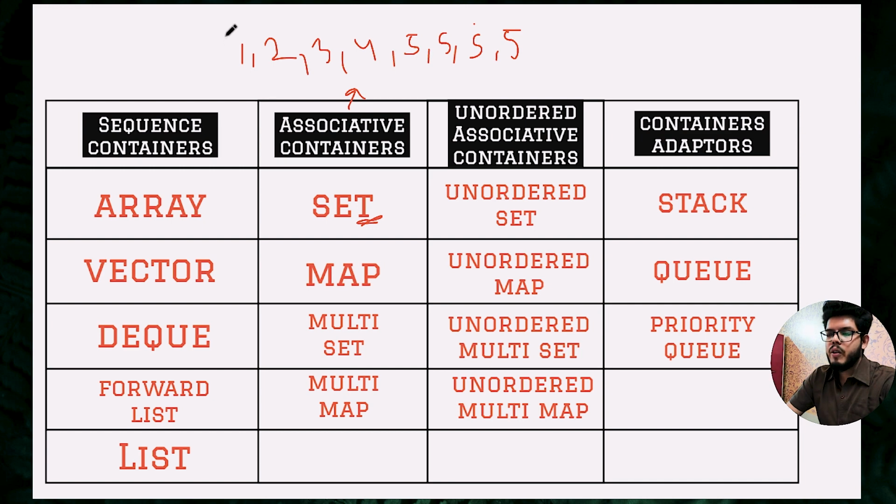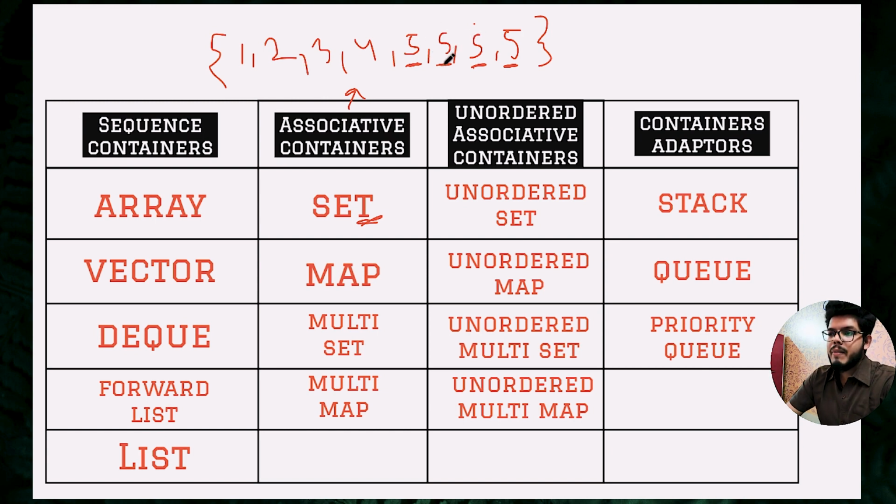Now you want to store it in a set. So what will happen? The repetitive elements here are 5, right? We can see there are 4 5s in this series, right? So all the repetitive elements will be discarded and only one of them will remain.